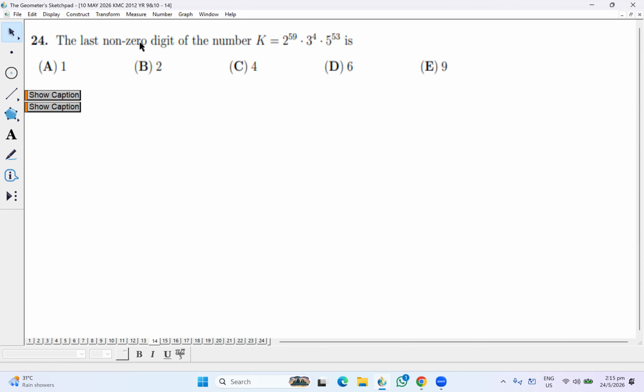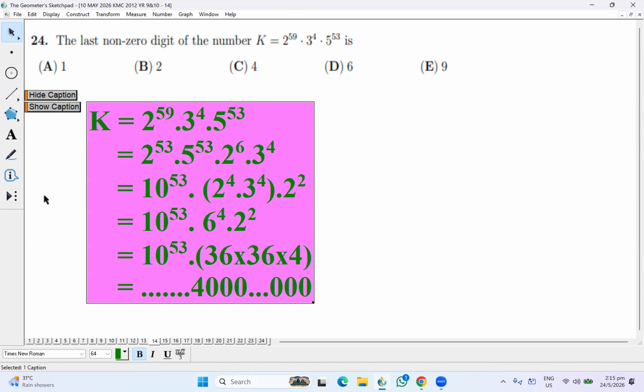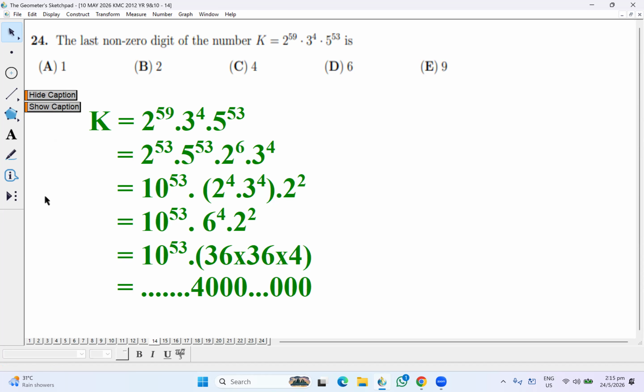So for the last non-zero digit, after all the 0s, what is the first number that is not 0? So we have 53 and 59. We combine 2 to the power 53 times 5 to the power 53. Then we get the balance, 2 to the power 6 and 3 to the power 4.